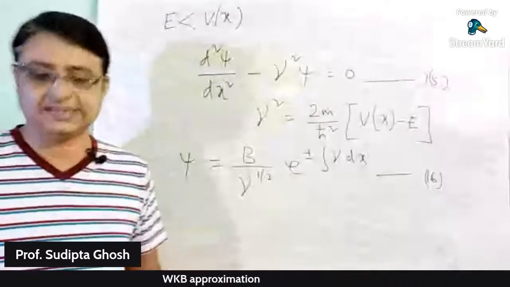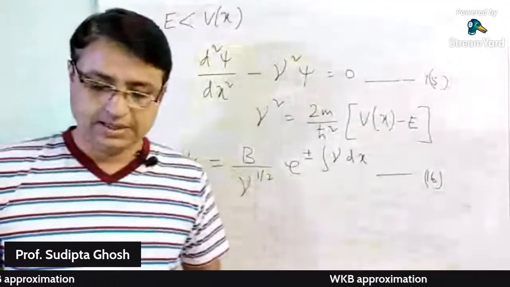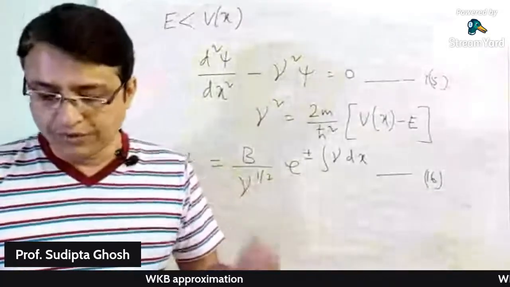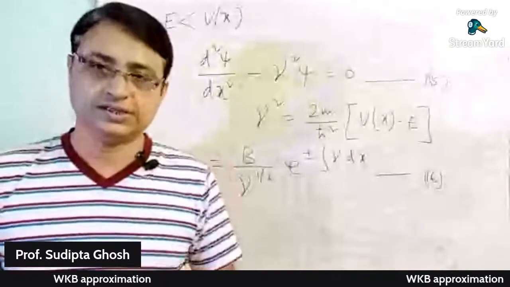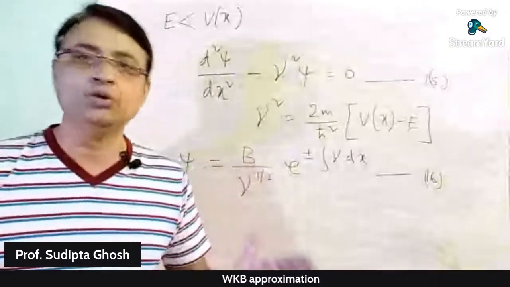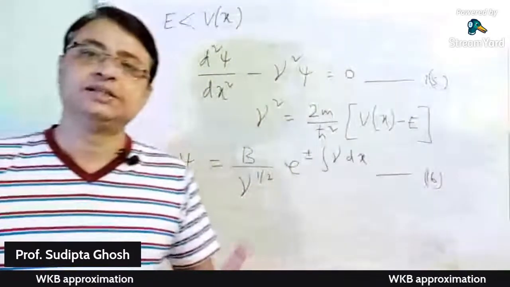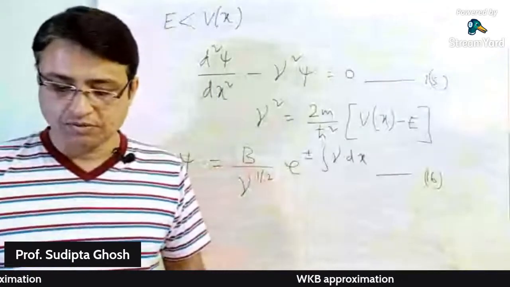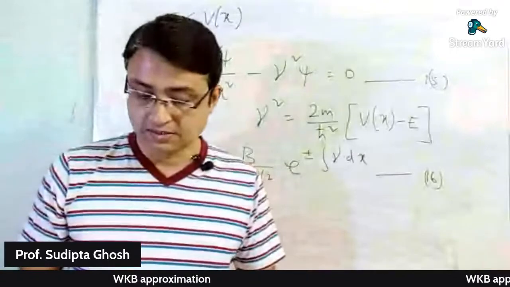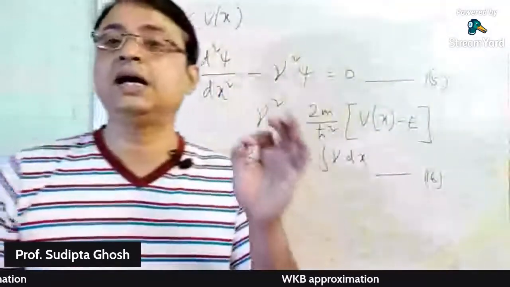It is necessary to point out that the WKB method can be applied to problems with two regions in which the WKB approximation is valid, but which are separated by a classical turning point.